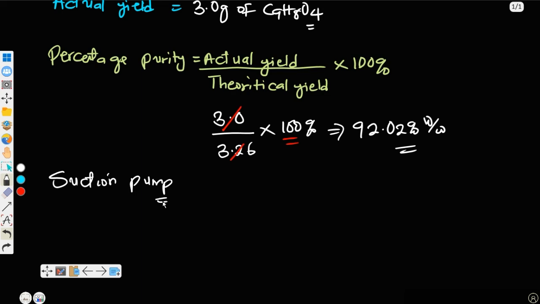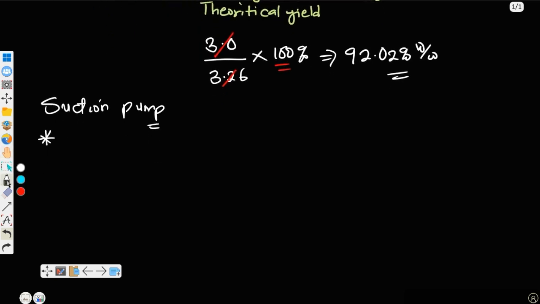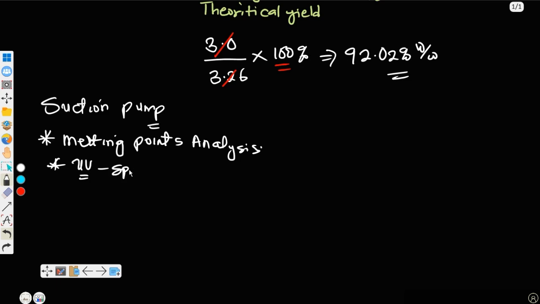Now, another thing that you may be asked is, how can you characterize aspirin? When we talk about the characterization of aspirin, what we're actually talking about is things you should do to identify that this is aspirin. One of those things is the melting point analysis, right? Melting point analysis. Then, of course, those other ones I listed: UV spec.